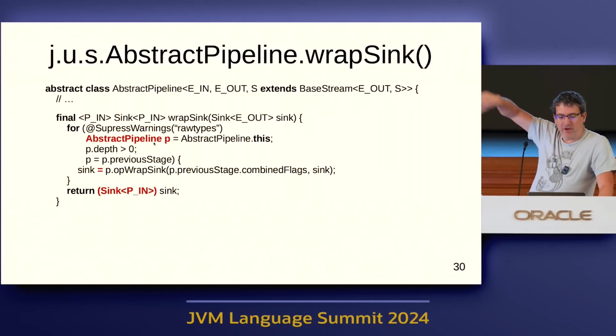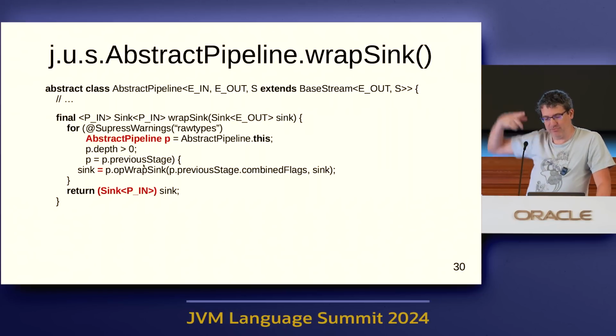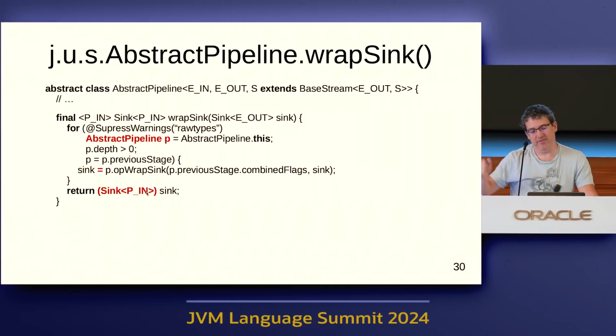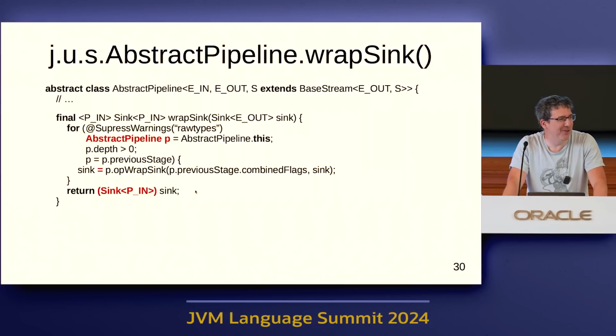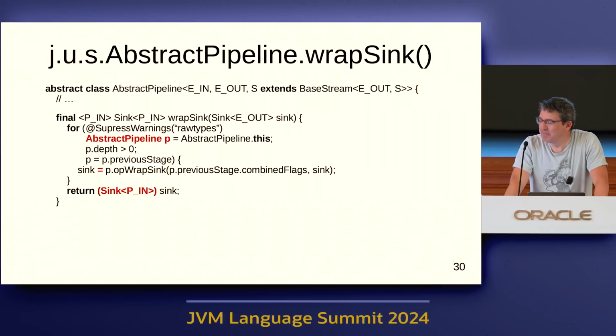If you don't do one loop, you have something which is parameterized by e out, and you just cast it as a p.in. So maybe it works, but clearly there is something weird here.